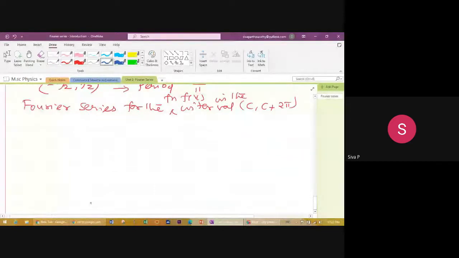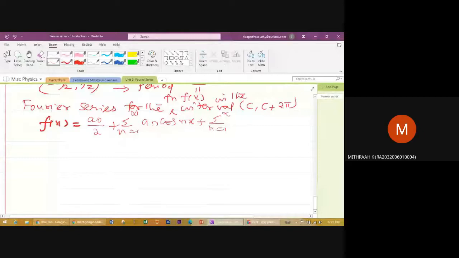Fourier series for the function f of x in the interval c to c plus 2 pi is f of x equal to a naught by 2 plus summation of n equal to 1 to infinity an cos nx plus bn sin nx. Are you able to see the letters? Yes, sir.